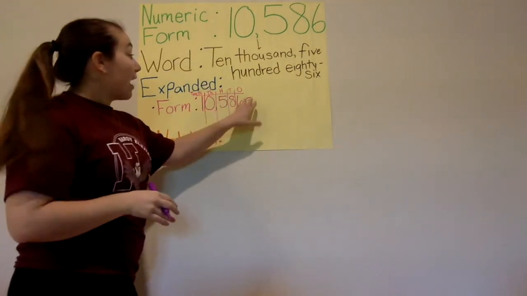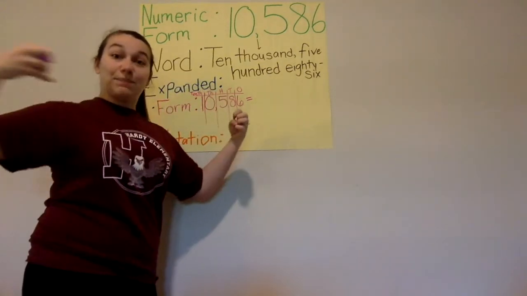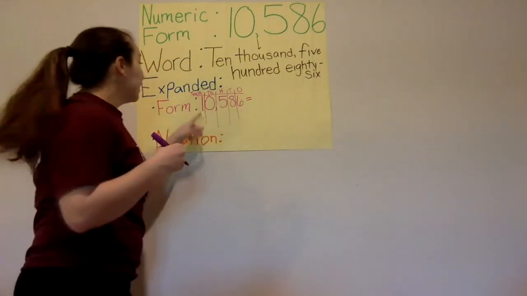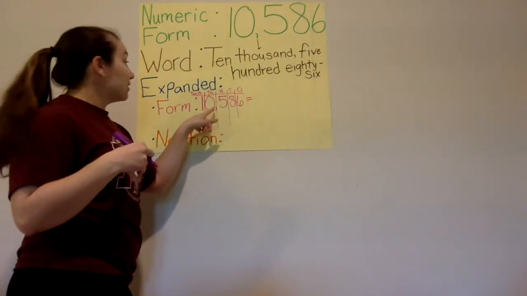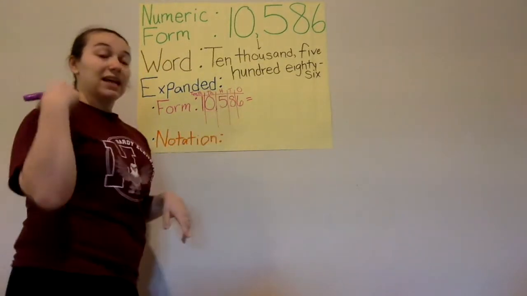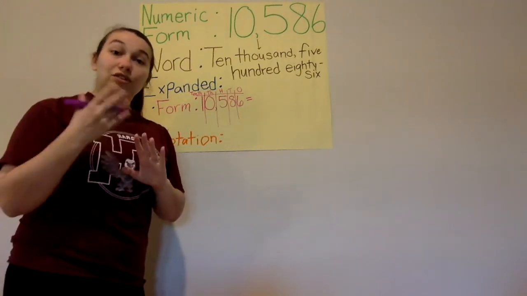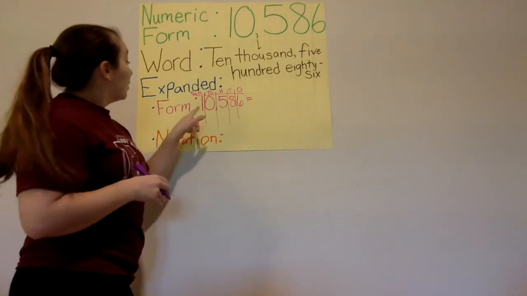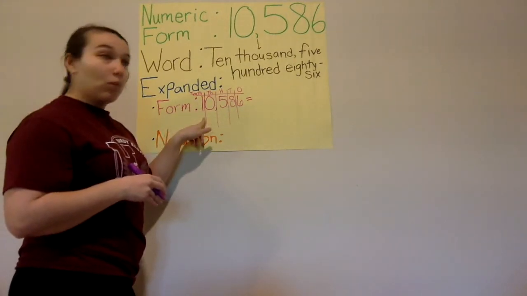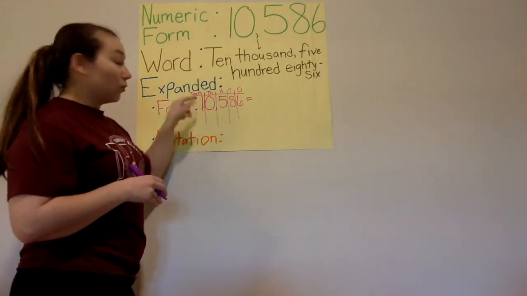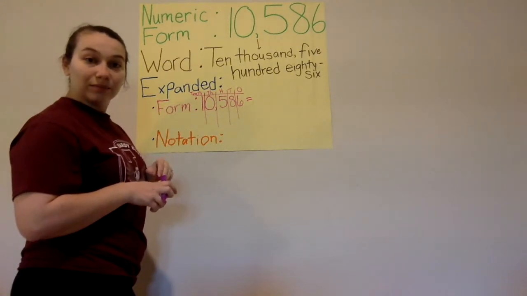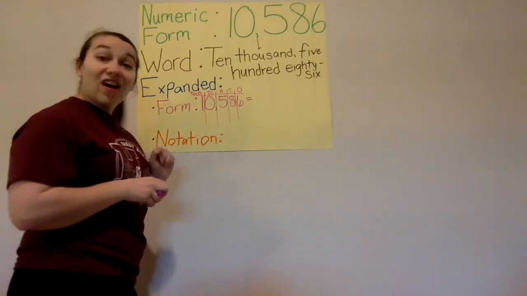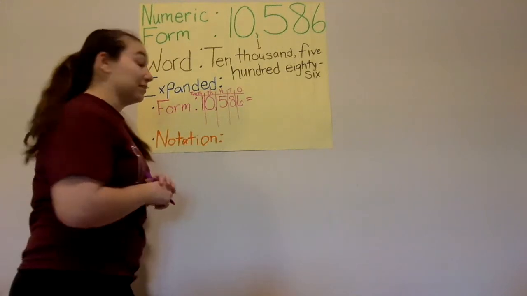And we know whatever my number expanded or stretched out is going to equal 10,586. So what we're going to go ahead and do is start in our biggest place value. So we have 1 what? What place is that 1 in? The 10,000. So we have 1 10,000.